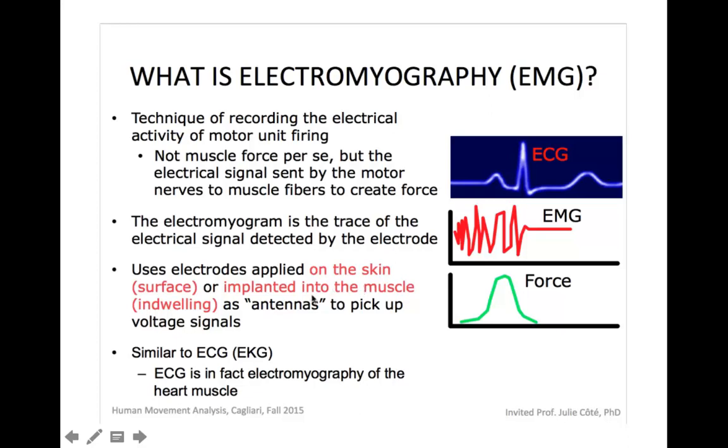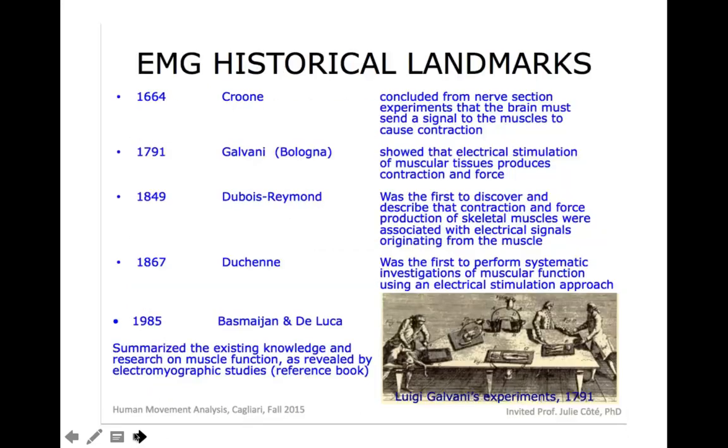The needle electrodes are advantageous because they can pick up very localized signals, but they're invasive, and once you invade the body, then you interfere with the body. So skin electrodes, while they have some disadvantages, have the advantage that they're non-invasive.